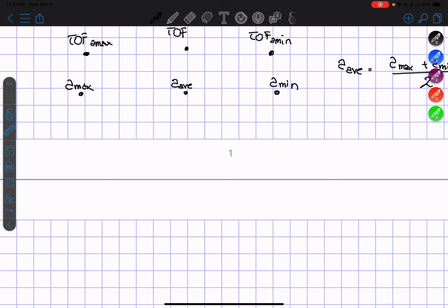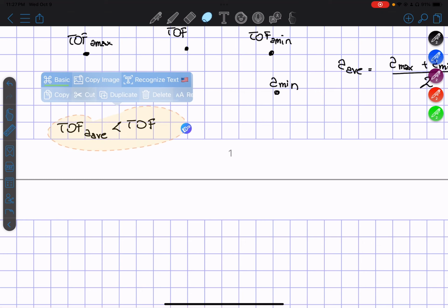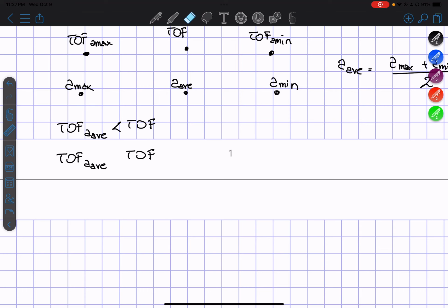Well, at that point, we calculate the time of flight for our a average, and we determine is it less than the time of flight or is it more than the time of flight. Now, if it's less than the time of flight, it means it's going to lie on this side, TOF.